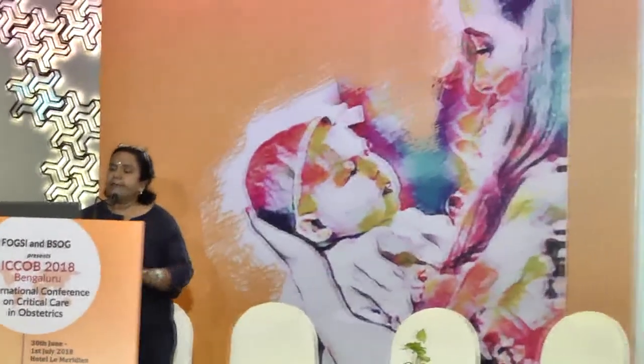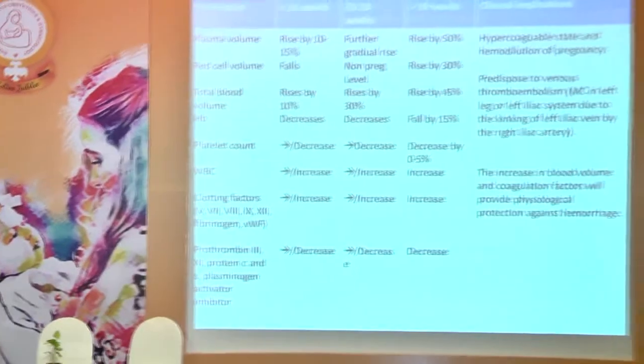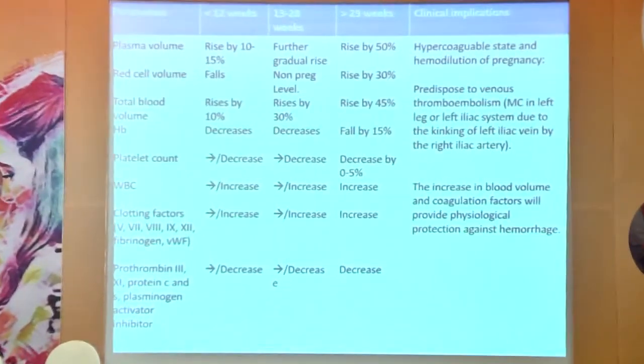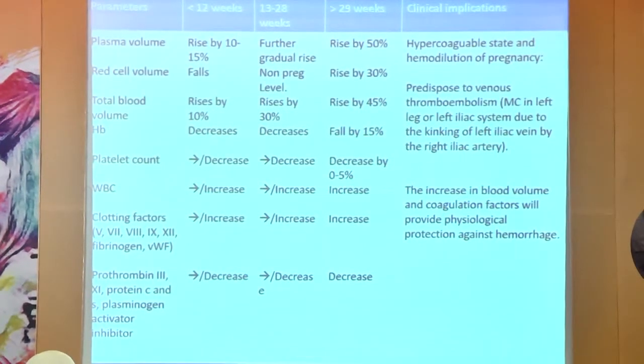The hematological parameters, we can see that the total blood volume starts rising initially by 45%. This is due to the rise in the plasma volume and the RBC volume. The plasma volume rises by 10 to 15% early and 50% by the third trimester.